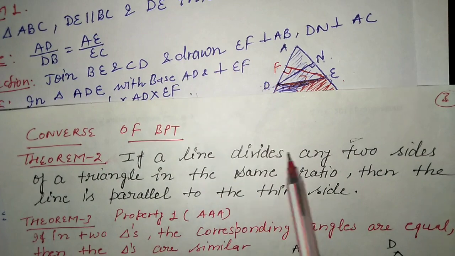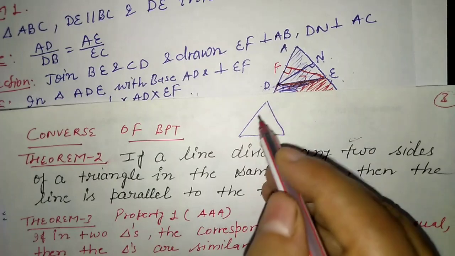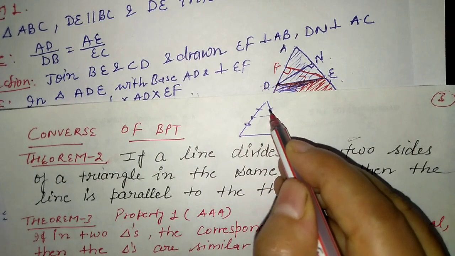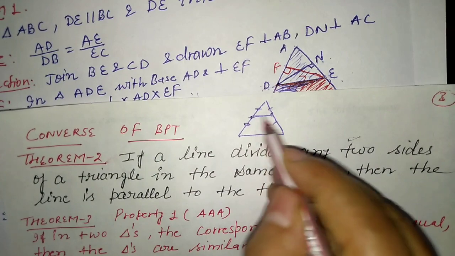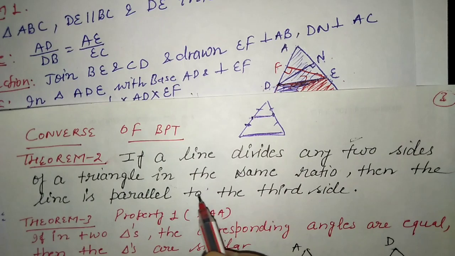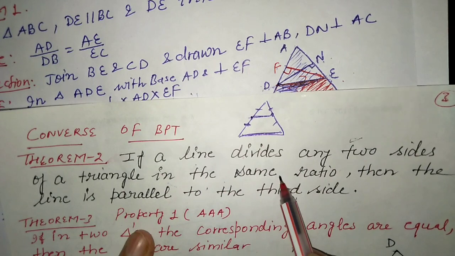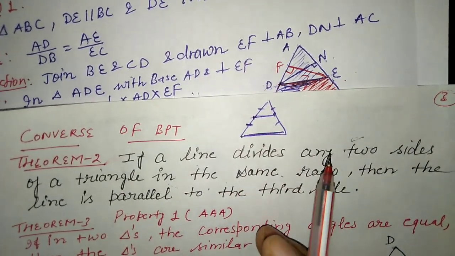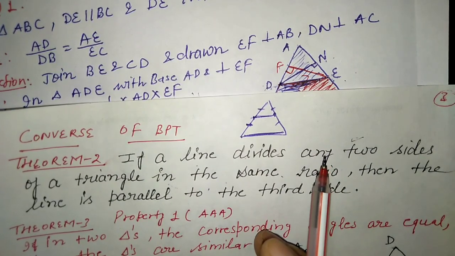If a line divides any two sides of a triangle in the same ratio, then the line is parallel to the third side. This direct statement we can use in the questions. So one is the theorem and the other is the corollary, the converse of the BPT. This you have to learn and write in the notebook.